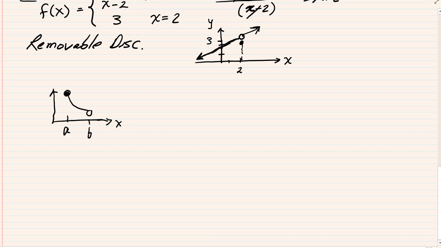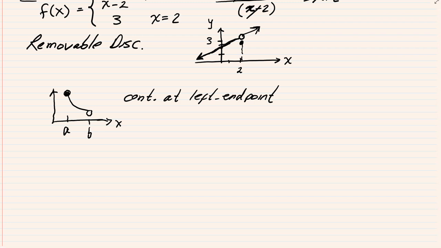So this function, we're going to say that this is continuous at the left endpoint, because that left endpoint is included on the graph of the function. In other words, it's in the domain of the function. Okay, and how do we write it?